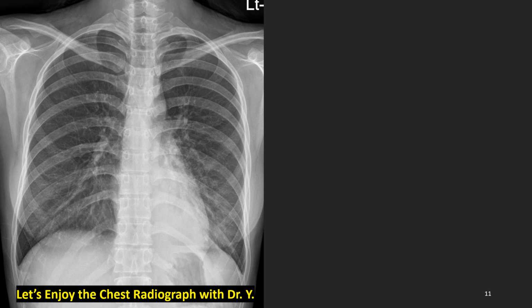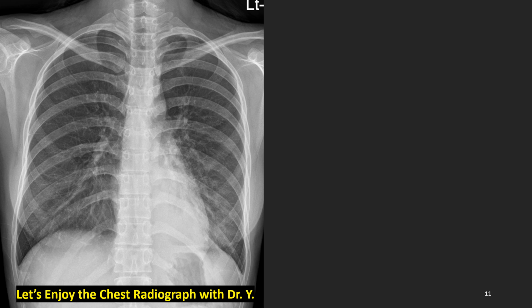Retrocardiac normal pulmonary vessels, arteries and veins, are not visualized, okay? And how about the border of the descending thoracic aorta? Obliterated. And paraspinal lines obliterated. How about left hemidiaphragm? Obliterated. And left cardiac, left heart border.